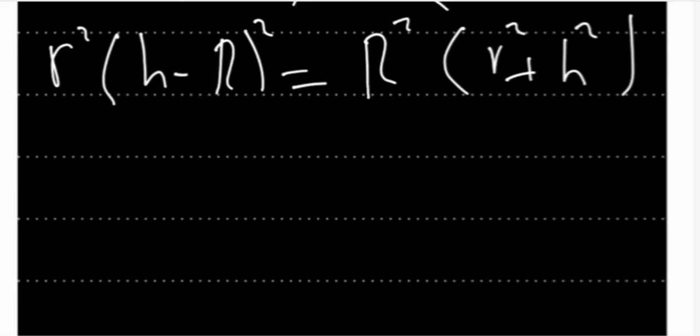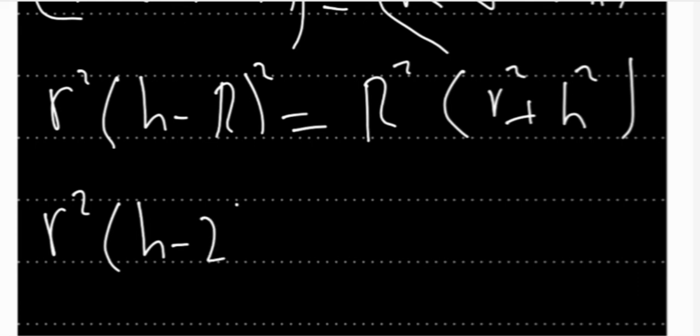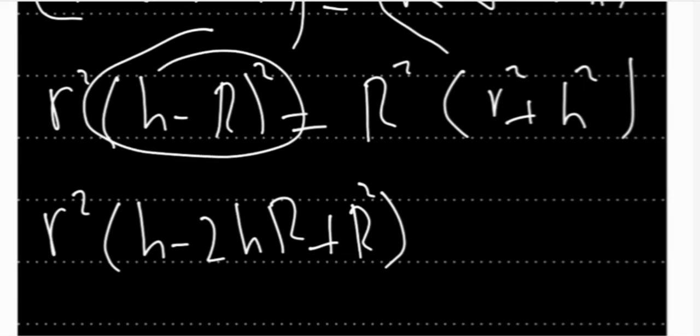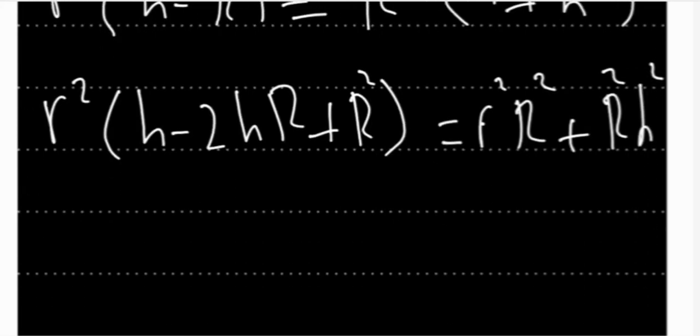So r squared multiplied by H minus, let's solve this part over here. H squared minus 2H big R plus R squared, right? I just opened this square power. So now I'm going to put this inside. So we'll have that r squared small multiplied by big R squared plus big R squared multiplied by H squared.